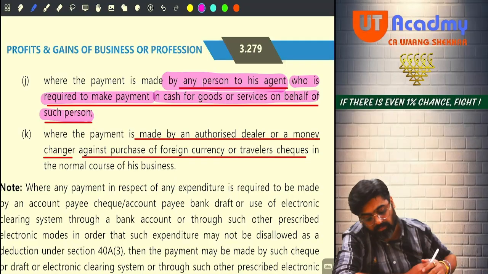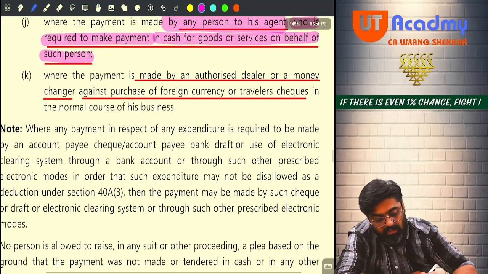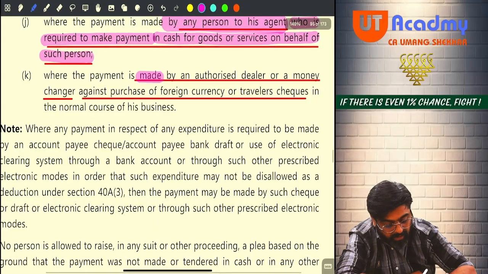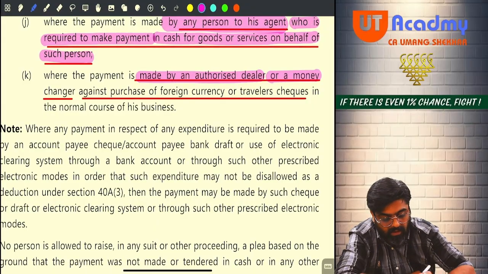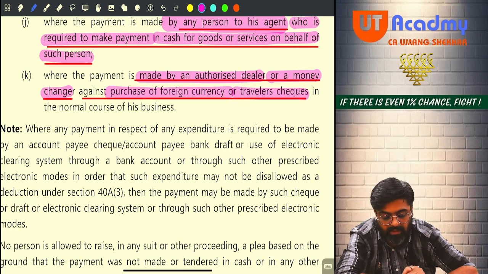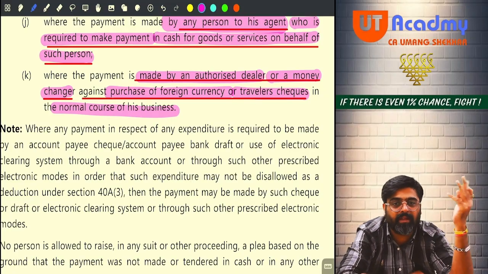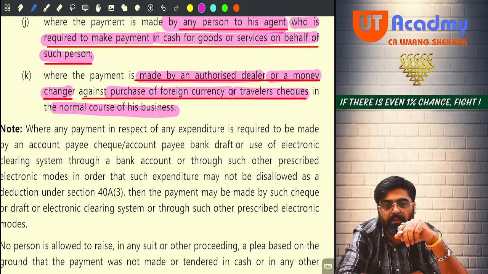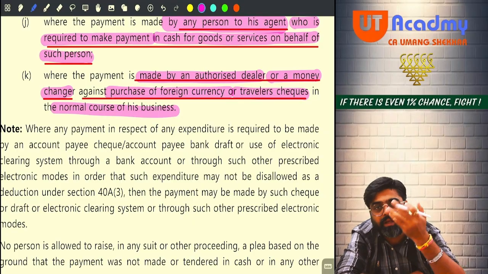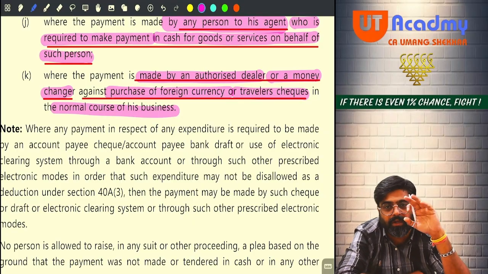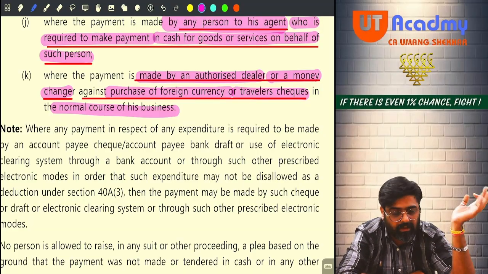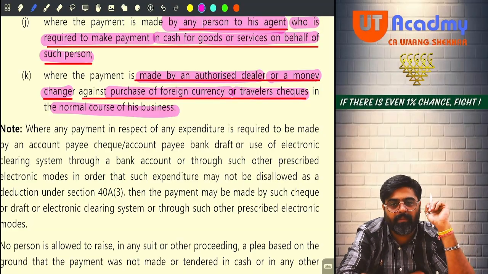Okay, next one. Where the payment is made by an authorized dealer or a money changer against purchase of foreign currency or traveler's checks in the normal course of his business. His business is to buy and sell foreign currency, issue traveler's checks, accept traveler's checks and make the payment.